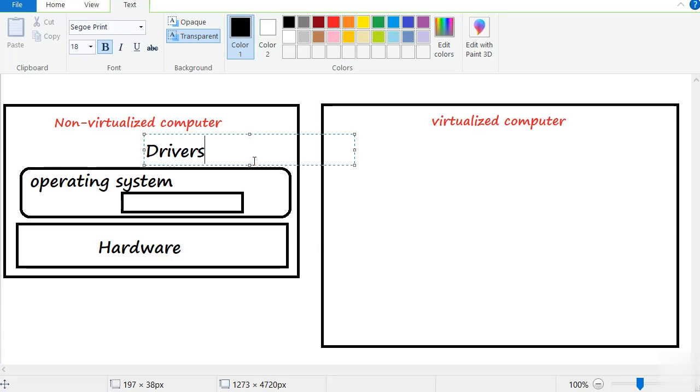We will have some drivers in our computer.